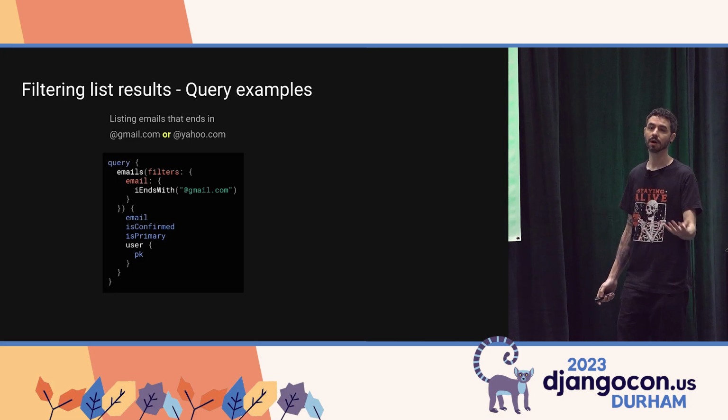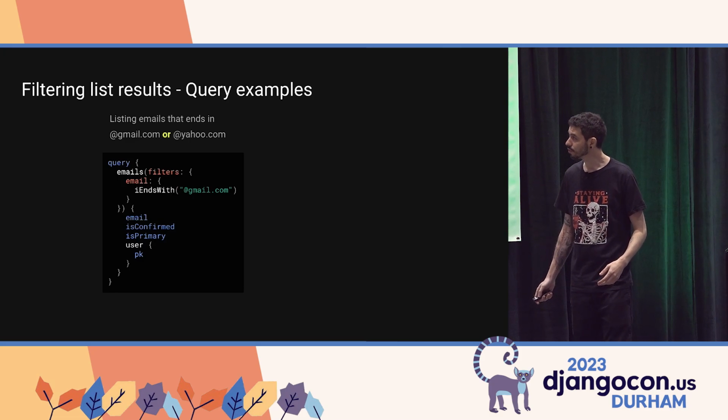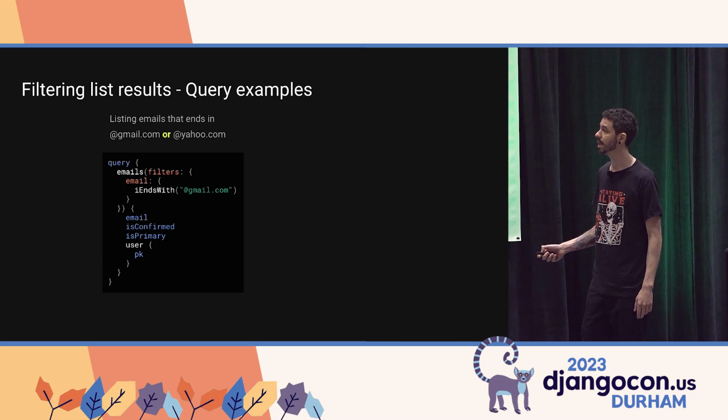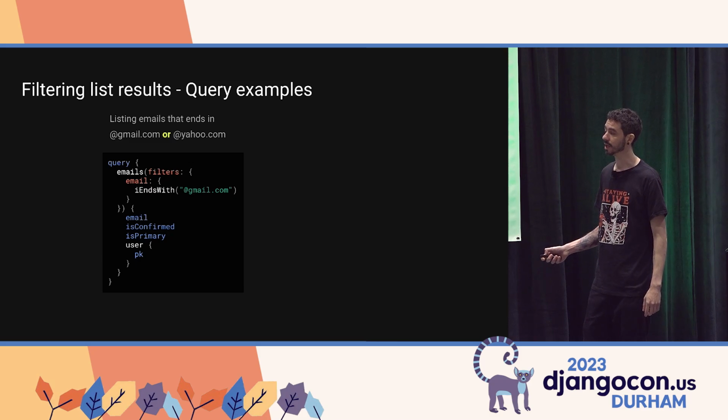An example of how to use that. If I want to list all emails that end in @gmail.com or @yahoo.com, I can pass the filters argument here to the emails, email I ends with @gmail.com.